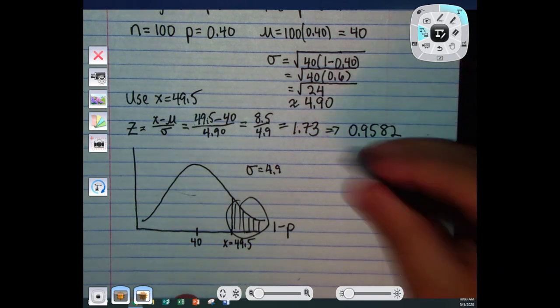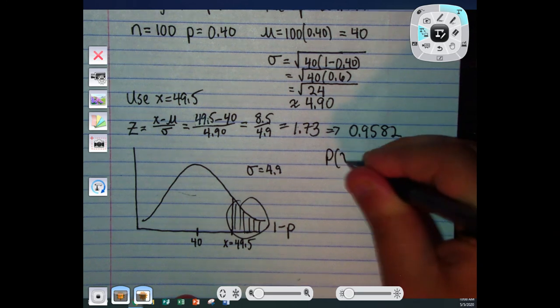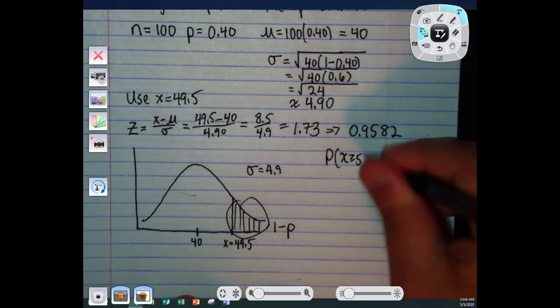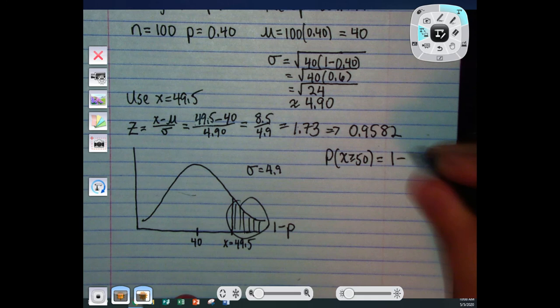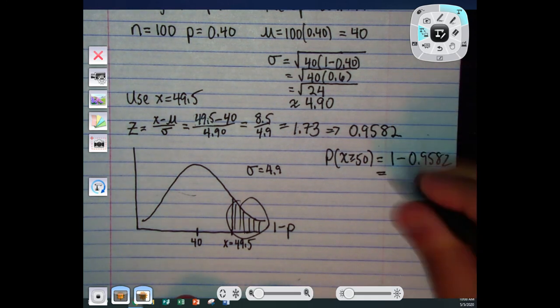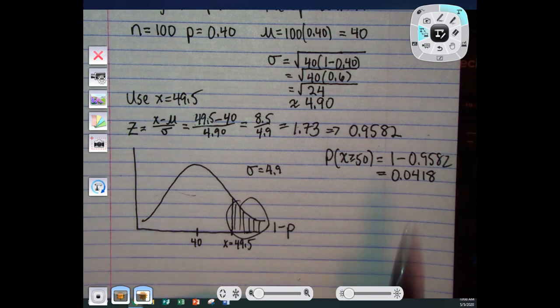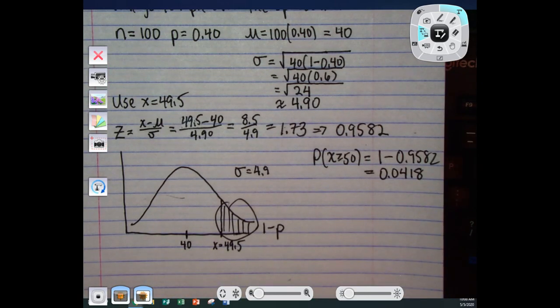So to find the probability that x is greater than or equal to 50, we would have to do 1 minus 0.9582, which gives us a value of 0.0418. So there's a 4.18% chance of selecting more than 50 drivers that will go more than 10 miles an hour over the speed limit.